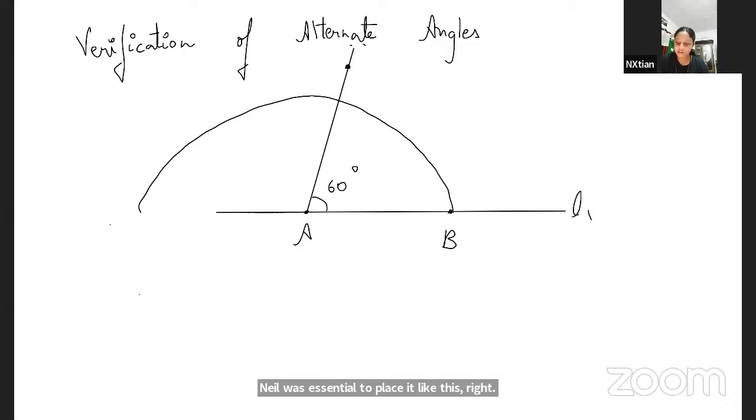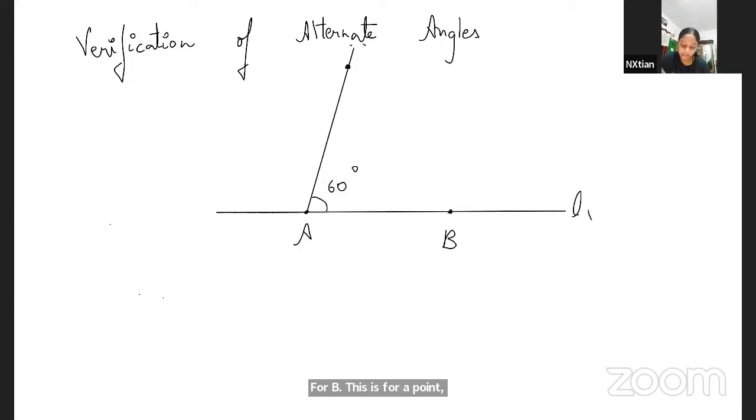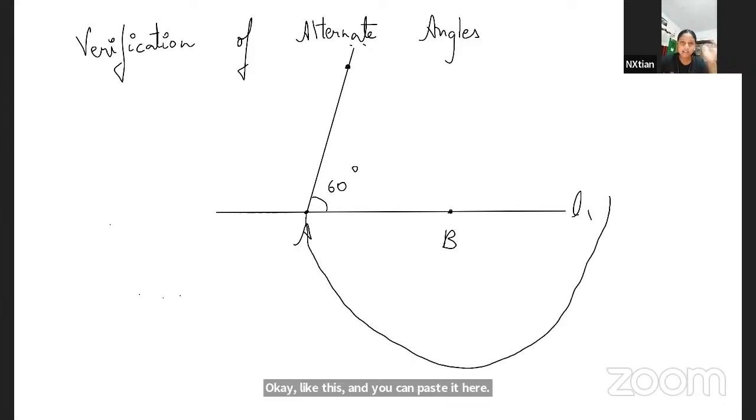This is for point A that I showed. Now when you're doing for B, you can just turn your protractor like this and place it here. For both the center of A and for B, we have to draw 60 degrees.